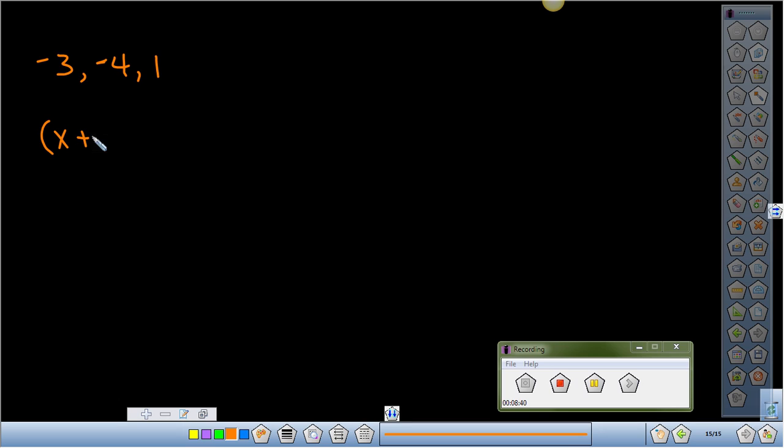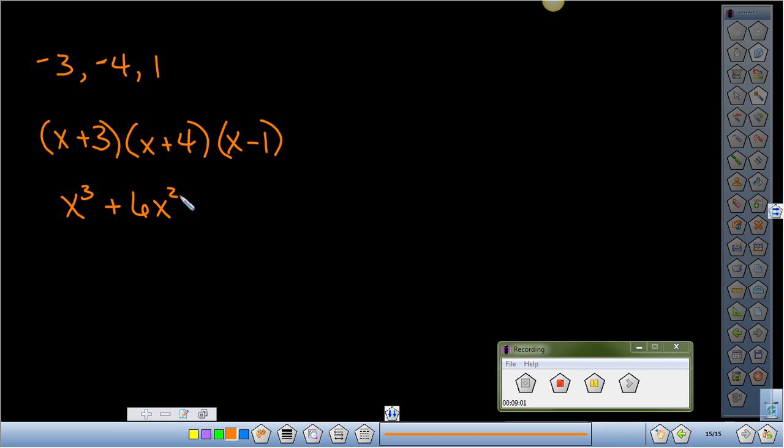This is going to be x plus 3, x plus 4, and x minus 1. And when you multiply all these out, you are going to get the answer x cubed plus 6x squared plus 5x minus 12. And that's going to give you your answer.